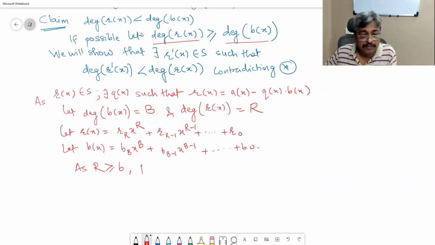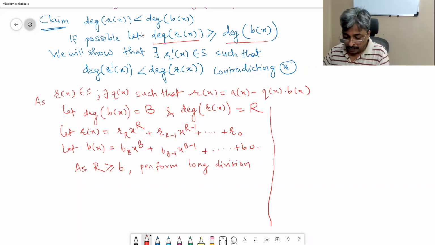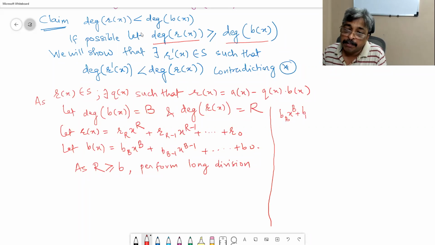Perform long division, which we will try to perform here. B X raised to B plus B minus 1 X raised to B minus 1 plus dot dot dot plus B0 is our divisor.